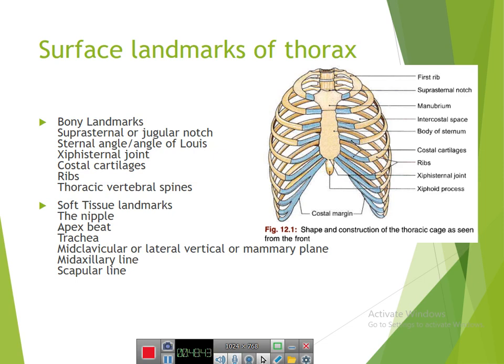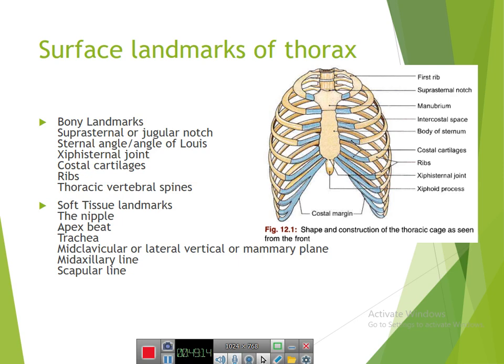At the xiphisternal joint we have a depression called the epigastric fossa. The xiphoid process, xiphoid meaning sword in Greek, lies in the floor of the epigastric fossa, at the apex of the angle.